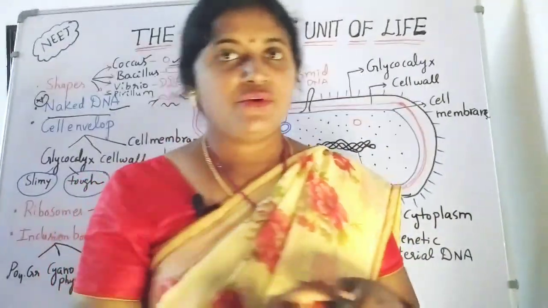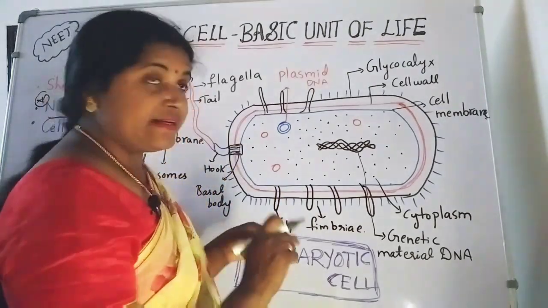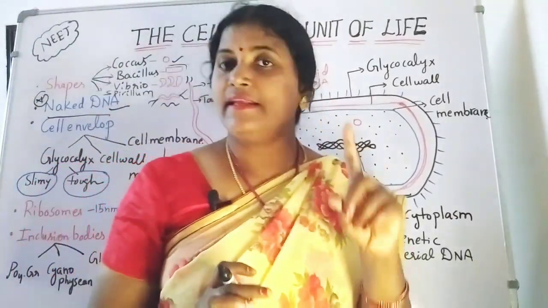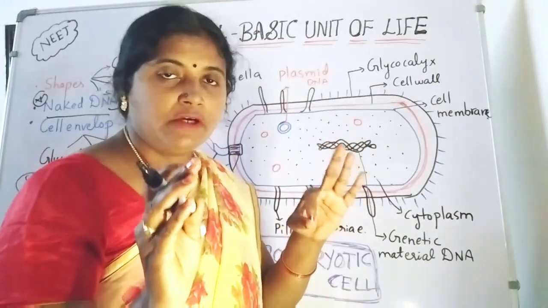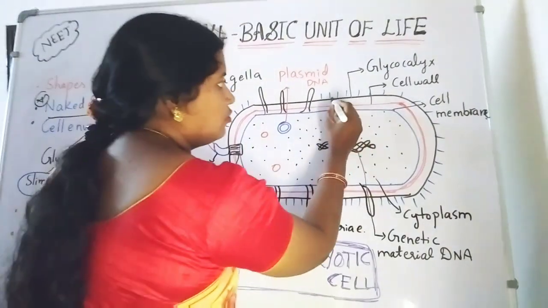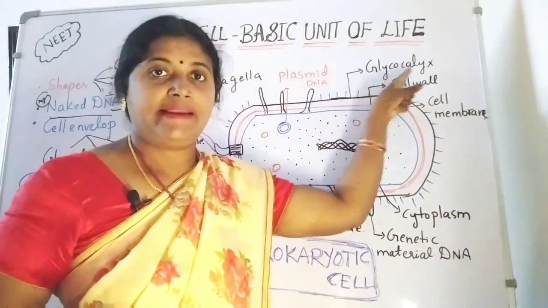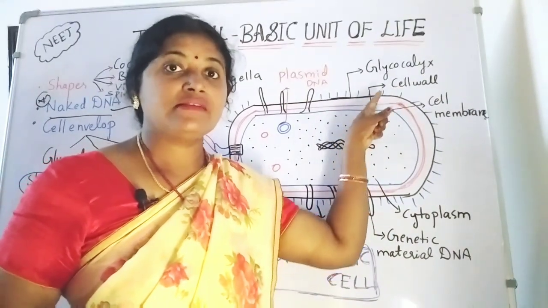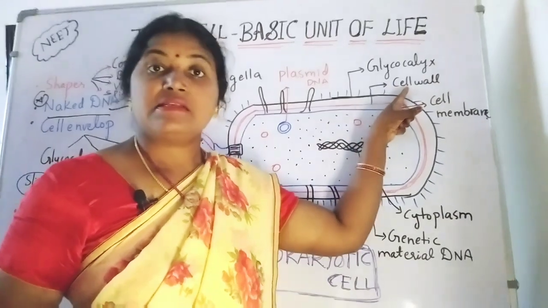That cell envelope is not a single envelope, it is made up of three layers. What are the three layers? The outermost layer is glycocalyx, and the middle layer is cell wall.